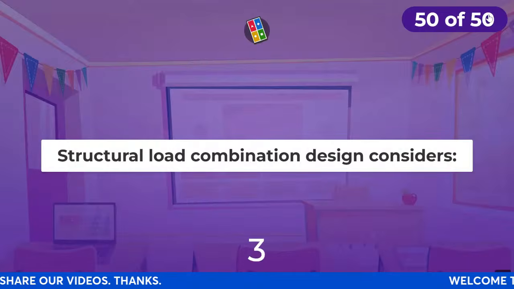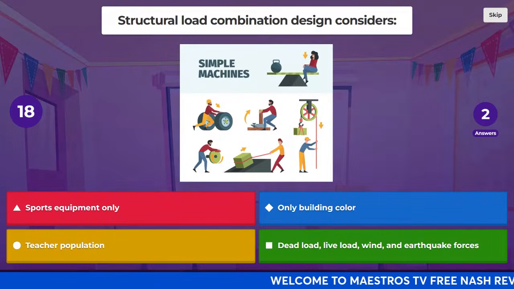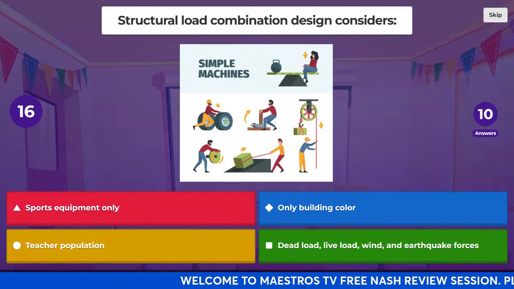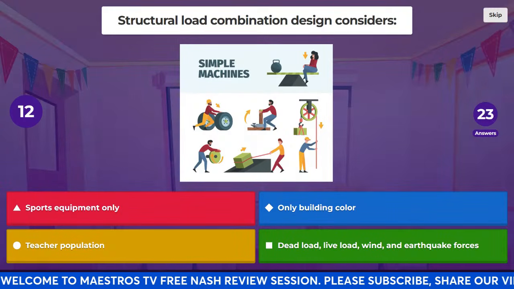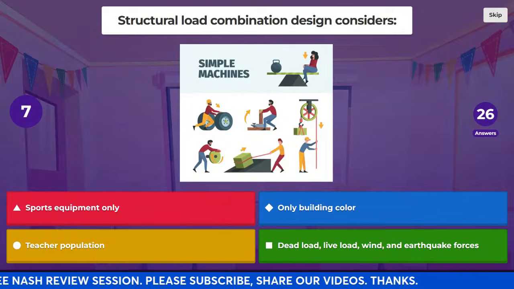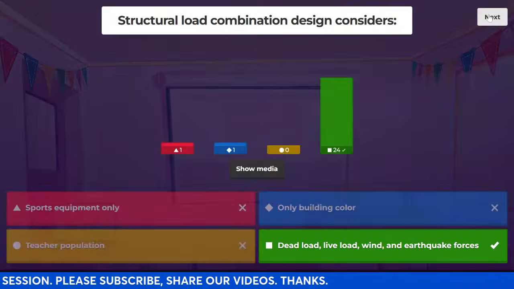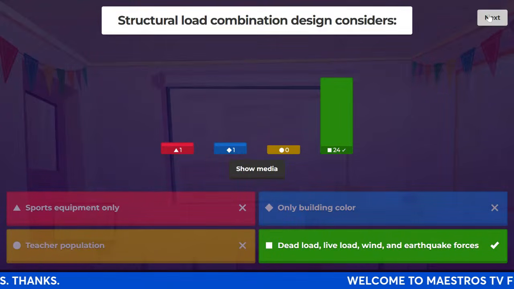And the last question is structural load combination design considers... Okay, we're looking for the dead load, the live load, the wind, and the earthquake forces.